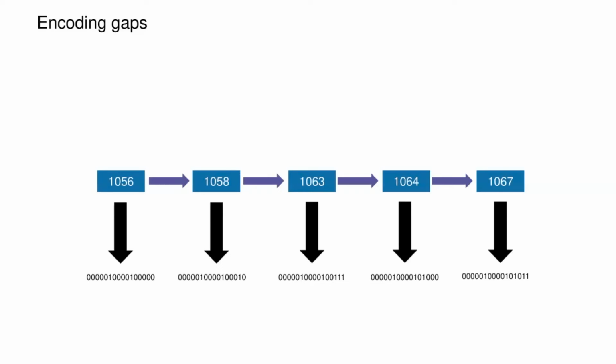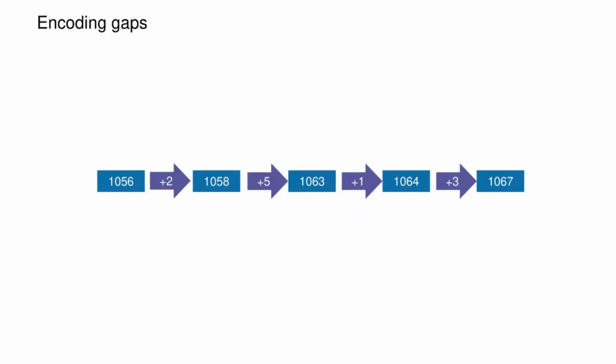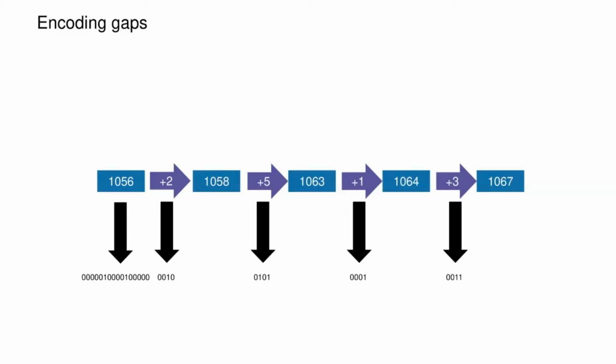That is the trick. But we can indeed, if we notice that these are small gaps, why don't we just encode the small gap, right? So for example, here we have gaps of 2, 5, 1, and 3, right? And so if we encode those gaps instead, so the first one, we still need to encode it as it is, but then the gaps can be encoded using less space, right?